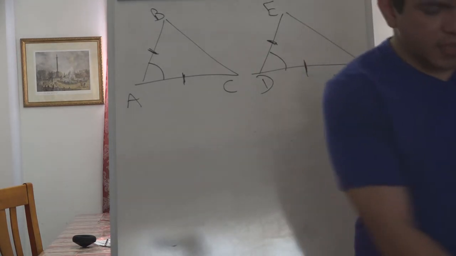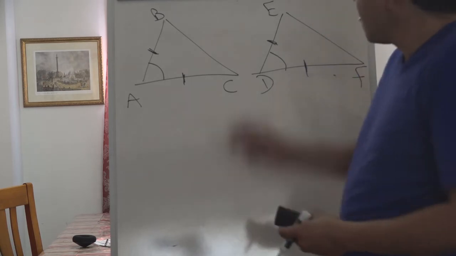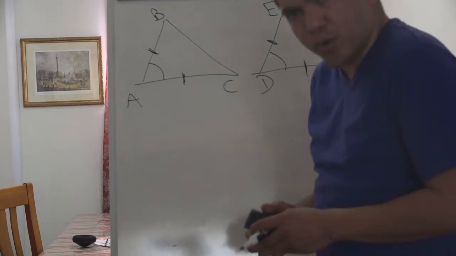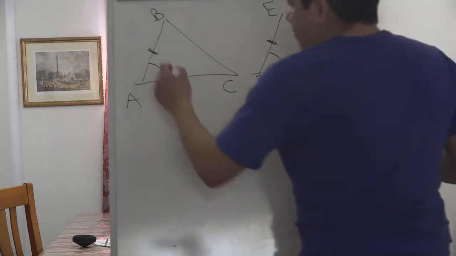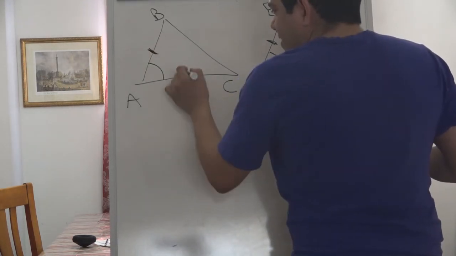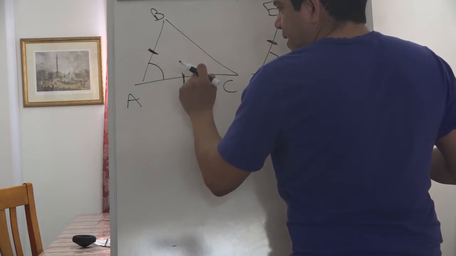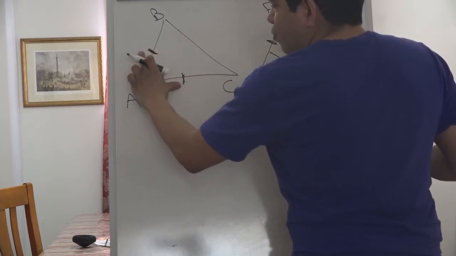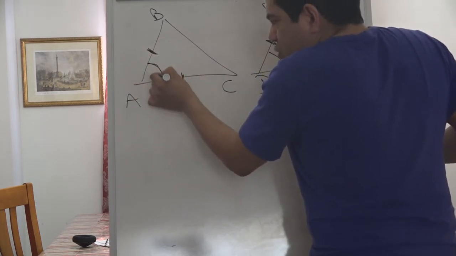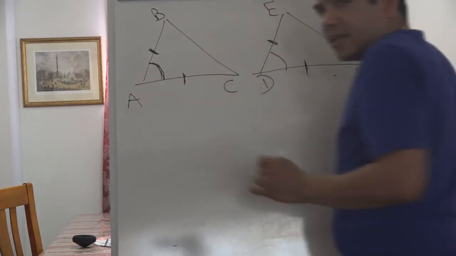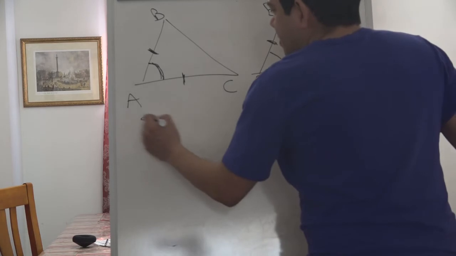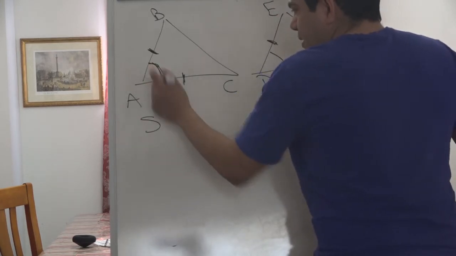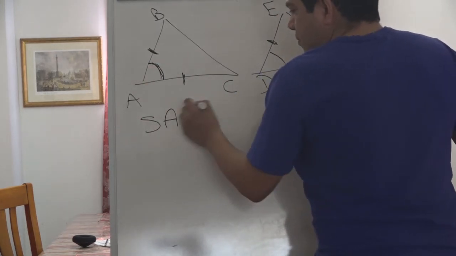But now, funny thing is that I just proved this triangle is congruent. How? Easy. If you have two sides, but you have an angle in between, then you have proven your triangle is congruent by side, angle, side.